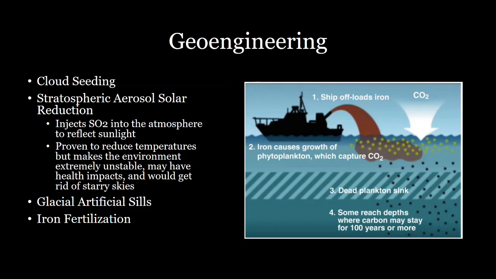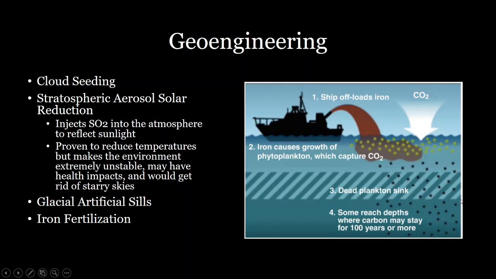And so when you have a huge influx of phytoplankton absorbing CO2 and causing more cycling of that CO2 into the ecosystem, then it's no longer in the atmosphere and can sink down to the ocean floor.